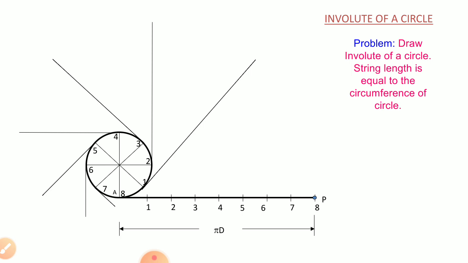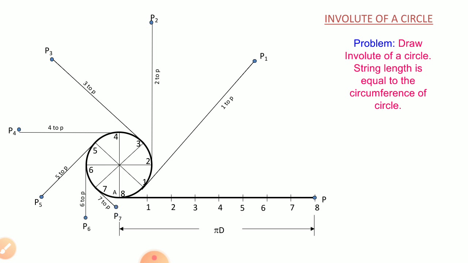Then we take the length 1P1 from the horizontal line 1P, likewise 2P at the second point, 3P at the third, and so on until the end.